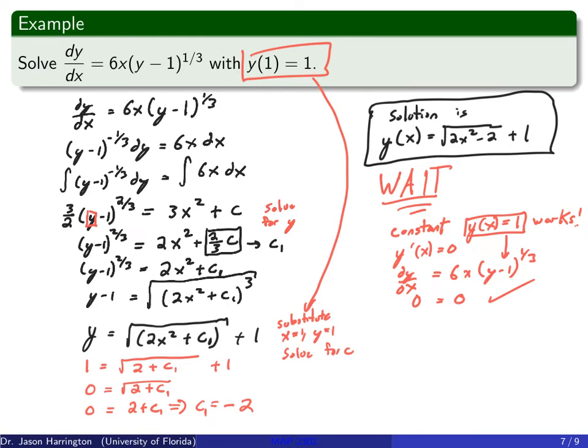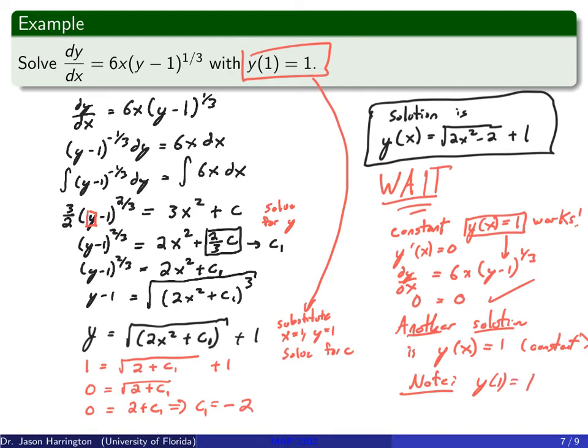So another solution is y of x is equal to 1, the constant. So we actually have two solutions. And don't forget, this also satisfies the initial value condition, right? We also note that y of 1 is equal to 1.